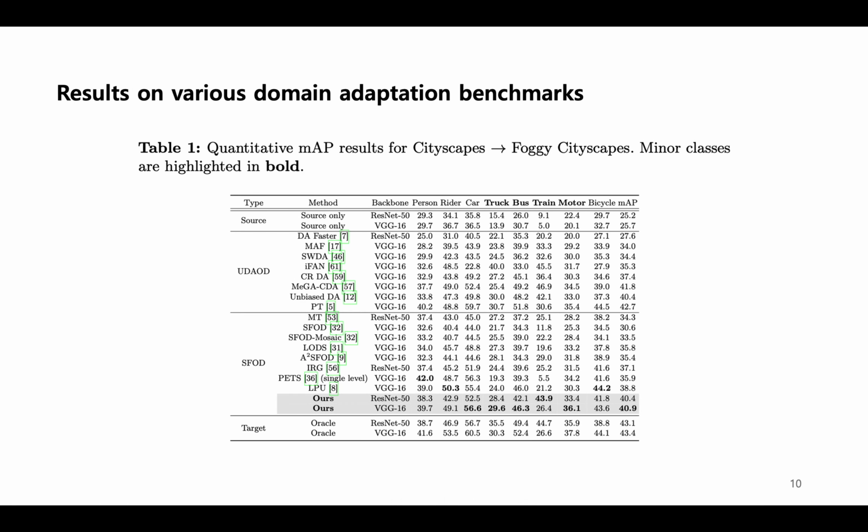We performed the experiment on Cityscapes to Foggy Cityscapes using both the ResNet 50 and VGG16 backbones because some of the methods utilize the ResNet 50 and some of the other methods utilize the VGG16. And on both backbones, our method had a high mAP with 40.4 and 40.9.